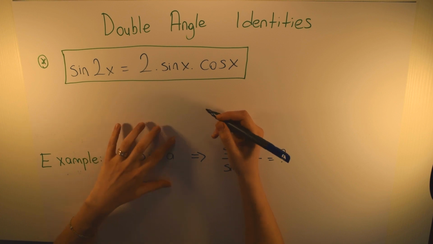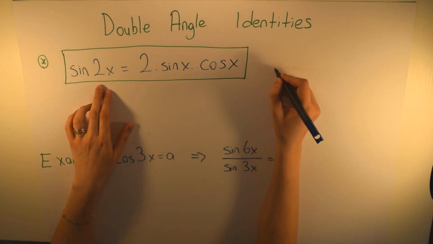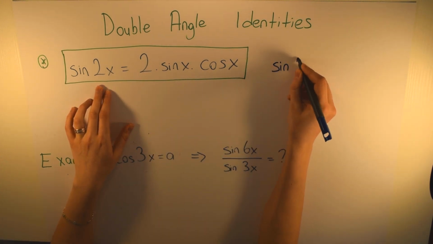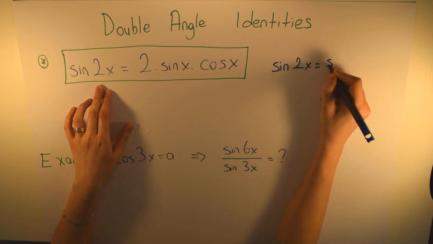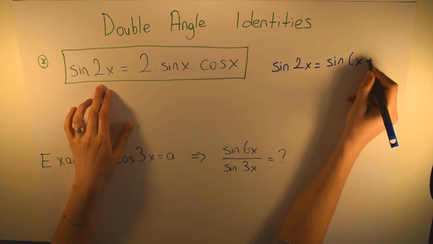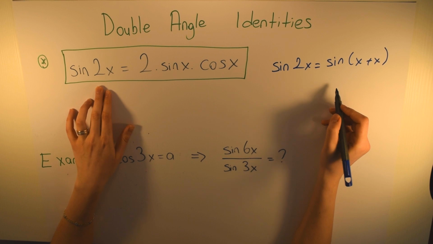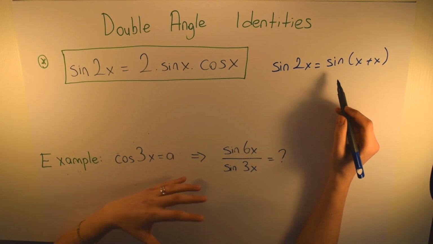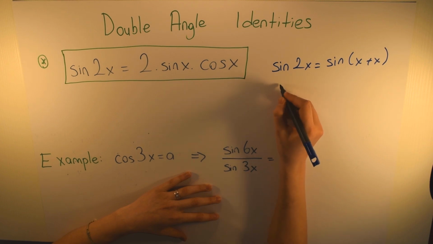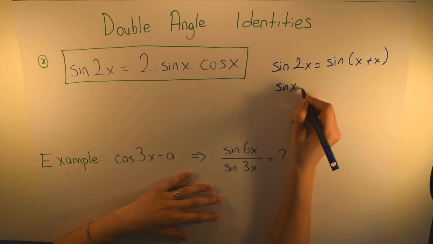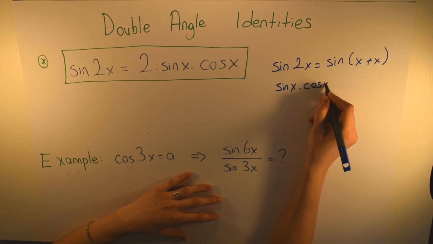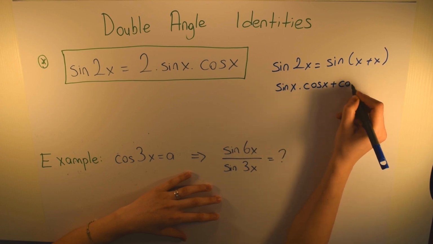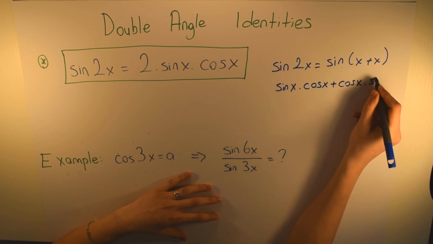As you can remember, how was it? Instead of sine 2x, actually we can write this as sine of x plus x, right? So how was the sum formula for sine? It was sine x times cosine x plus cosine x times sine x, right?